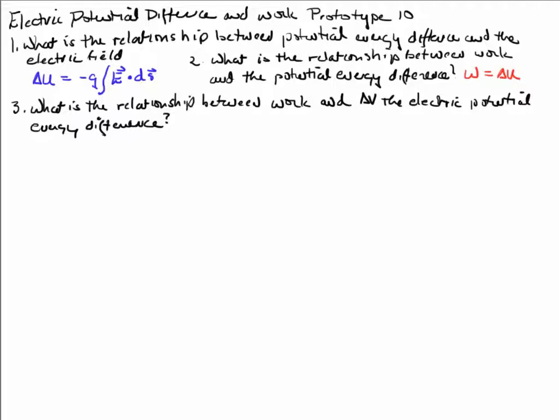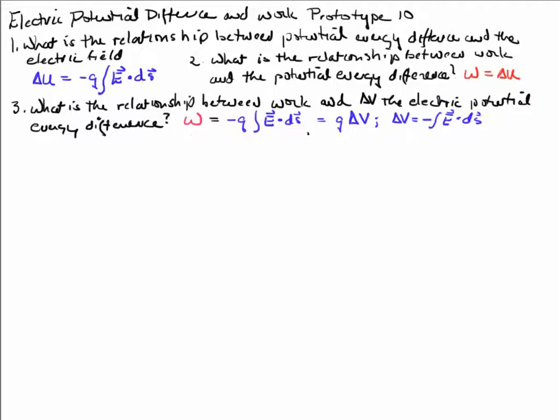Now, what is the relationship between work and the change in electric potential? Of course, that is work is equal to minus Q integral E dot ds, which is Q times the electric potential difference, or the charge times the electric potential difference.